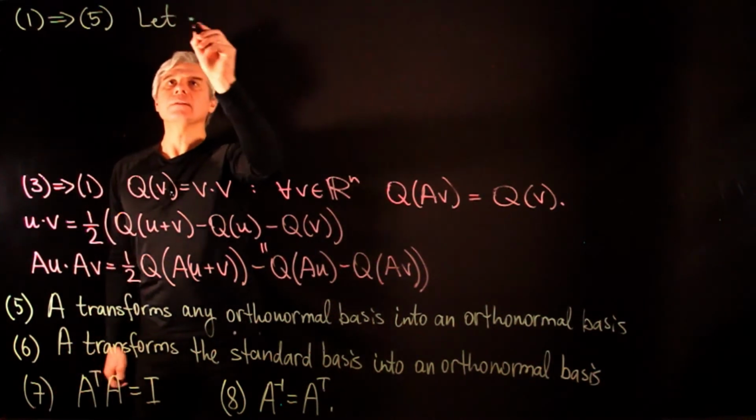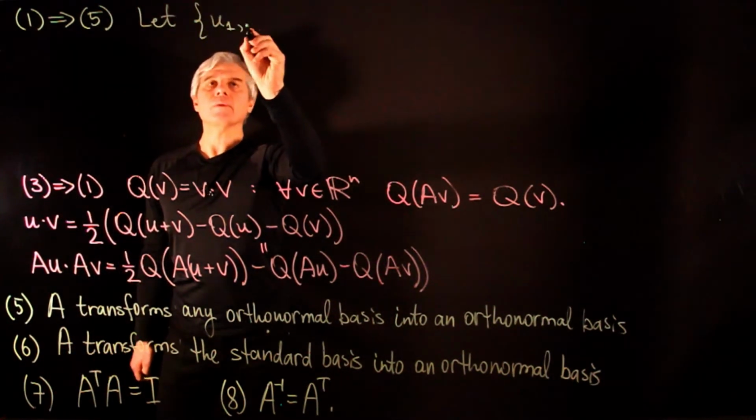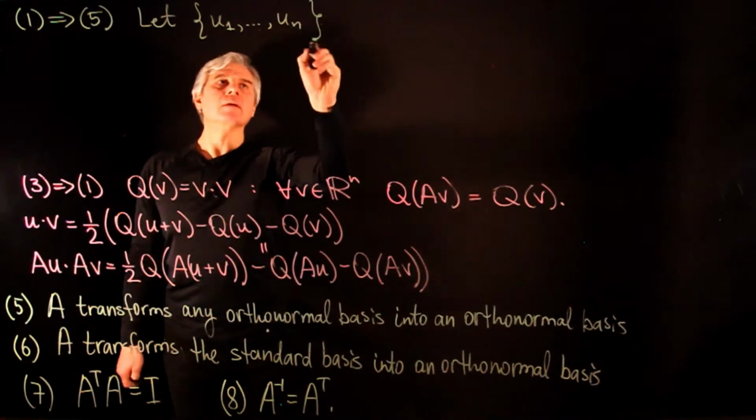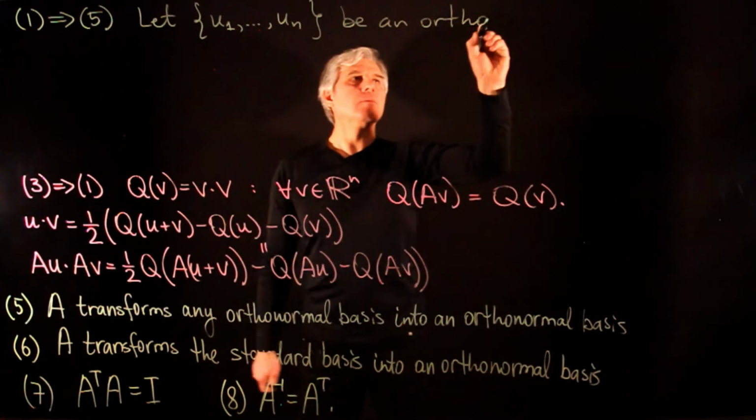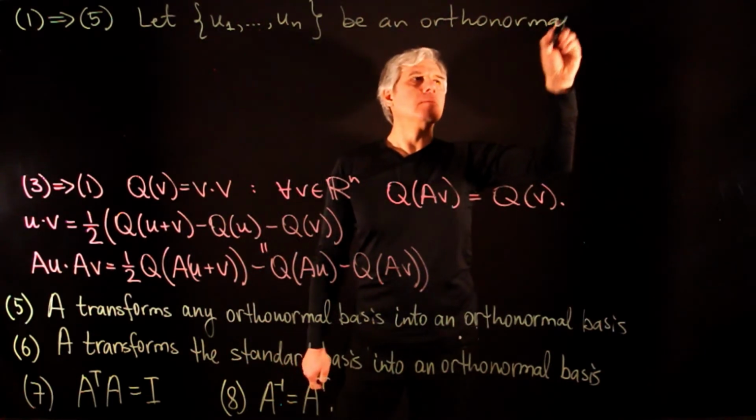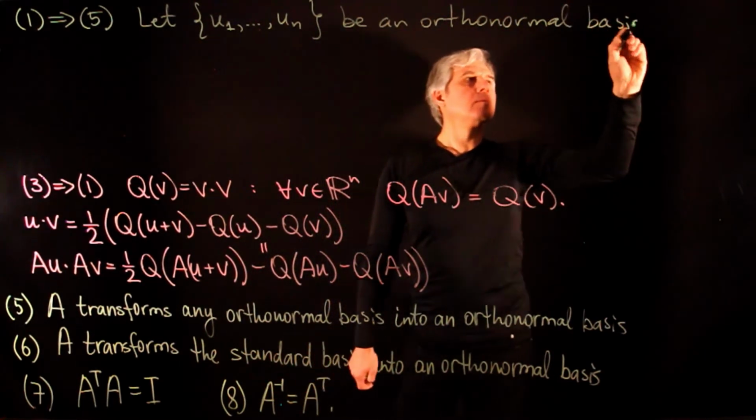Let u1 through un be an orthonormal basis of Rn.